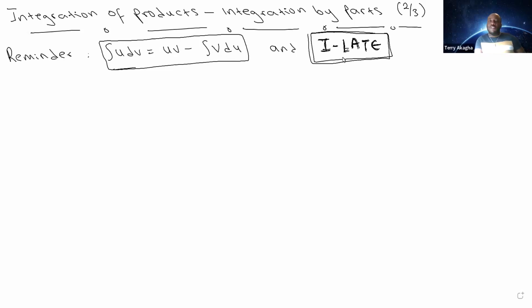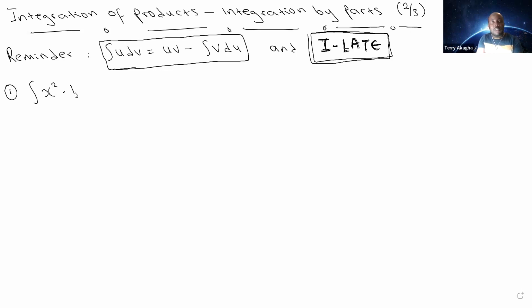There are different ways: sometimes you have to integrate once, sometimes twice, sometimes more than once. In this video, I'm going to focus on once and twice. In the next video, I'm going to talk about an example where you have to integrate several times.